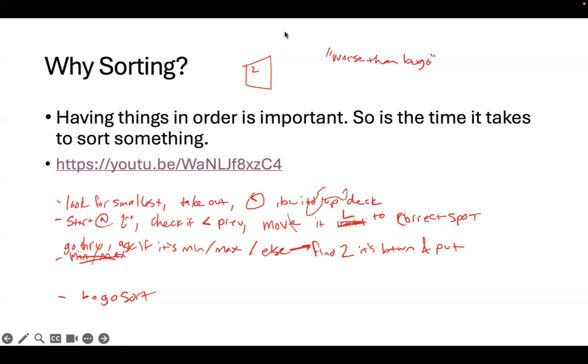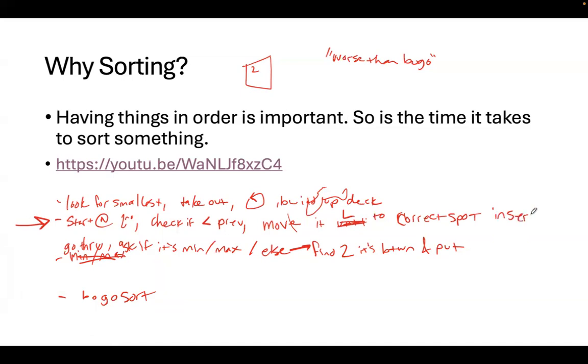So I really like that video because I think it visualizes the different sorting algorithms well. That's insertion sort, where we start at the second thing and then we move it along until we get there.